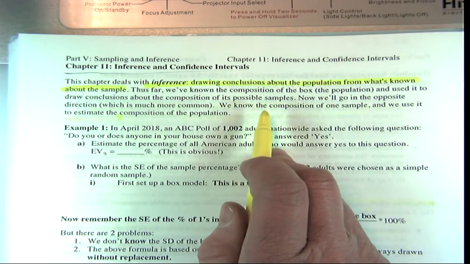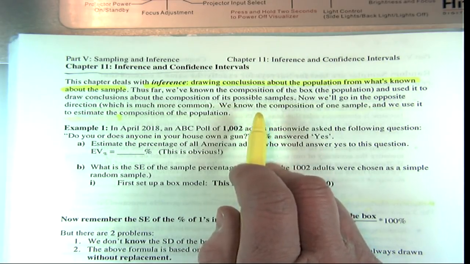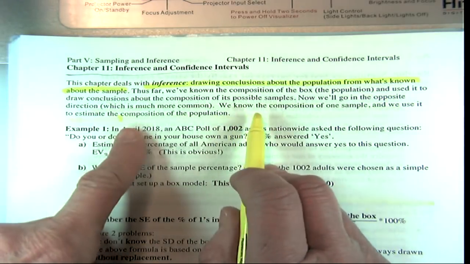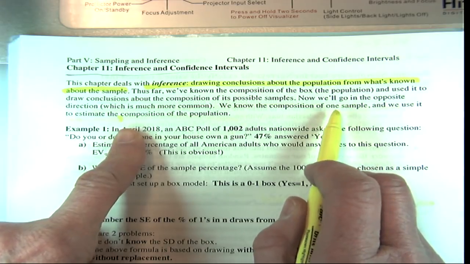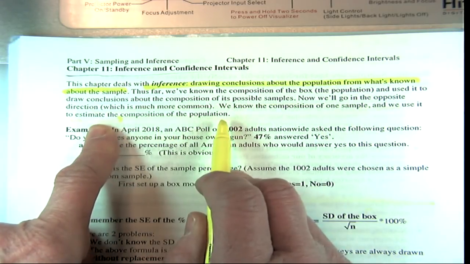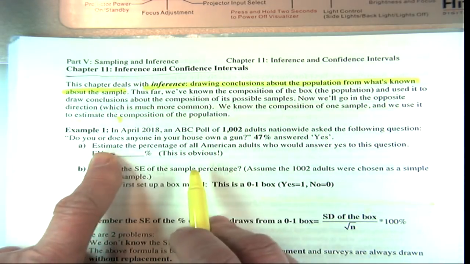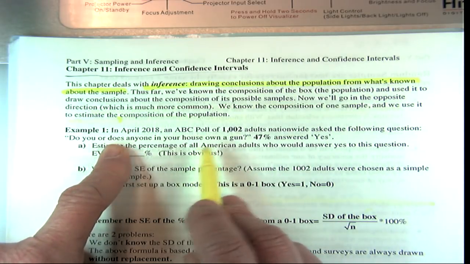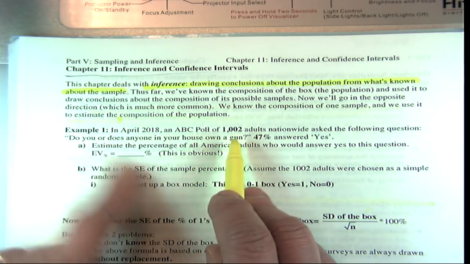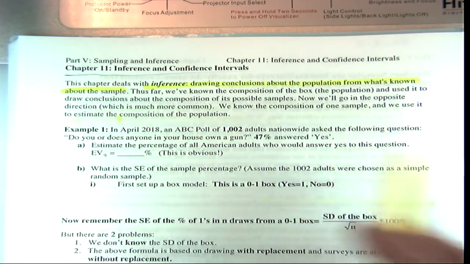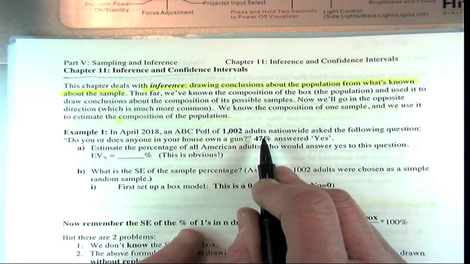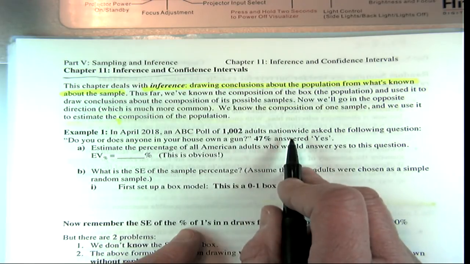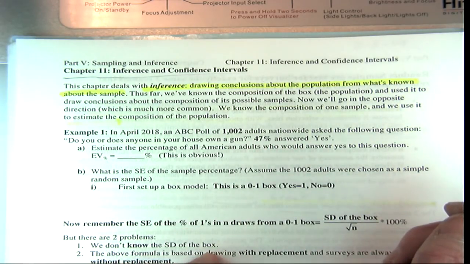We take the poll because we're trying to predict or estimate how they're going to vote. Okay? So we just see one sample or maybe a few samples, and we use it to estimate the composition of the population. So here's a good example. In April, an ABC poll of 1,002 randomly selected adults nationwide.